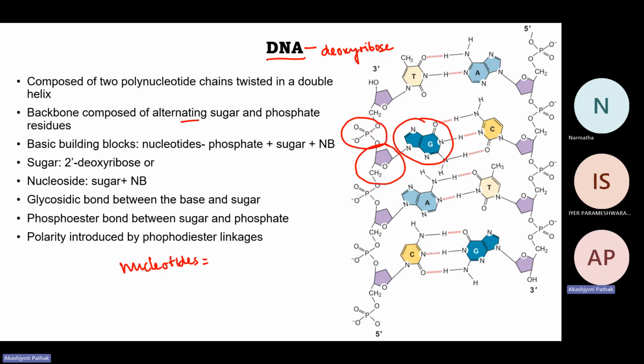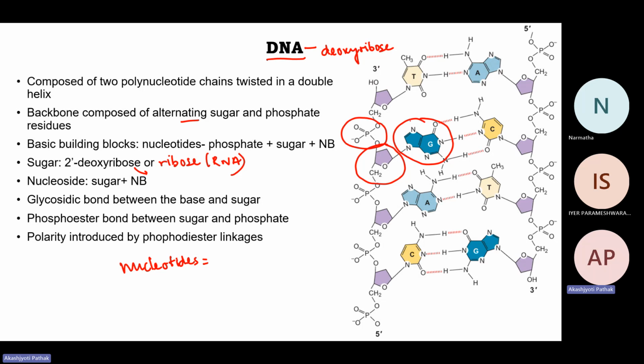Together, these three units give rise to what we call the nucleotides, right? So the sugar can be 2'-deoxyribose as in DNA, or it can be ribose, in the case of RNA.